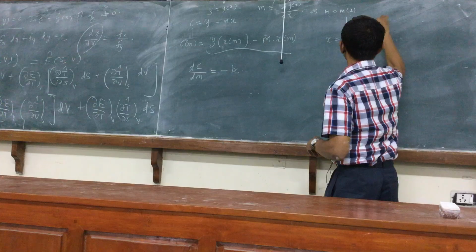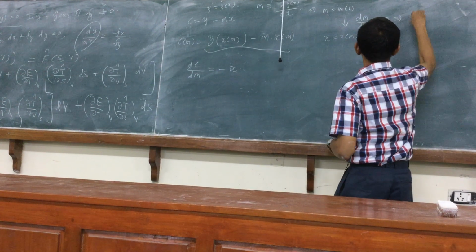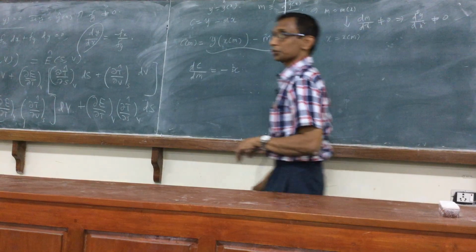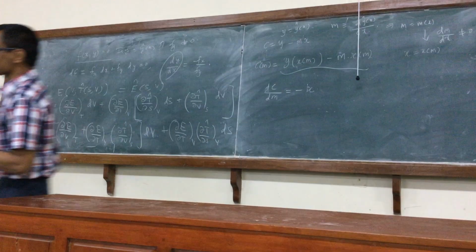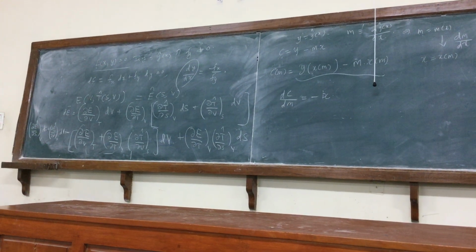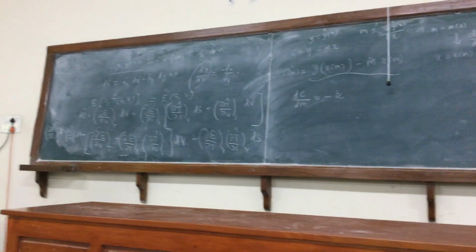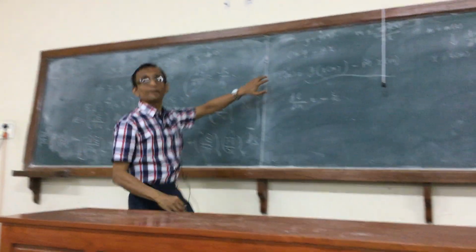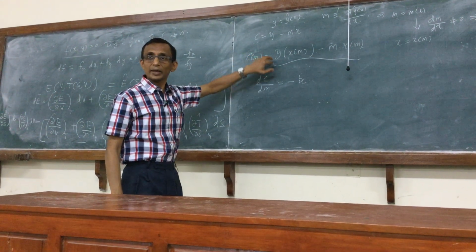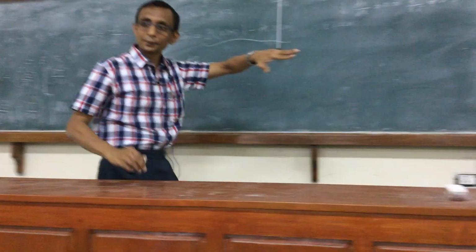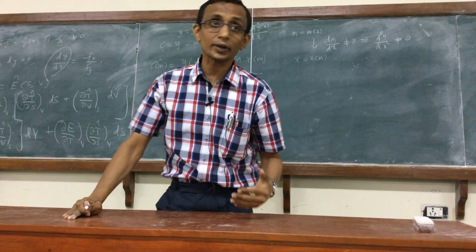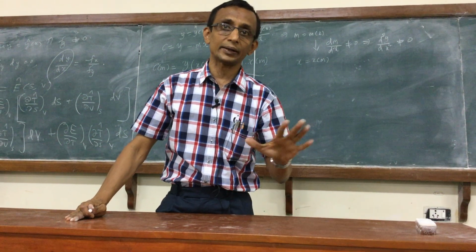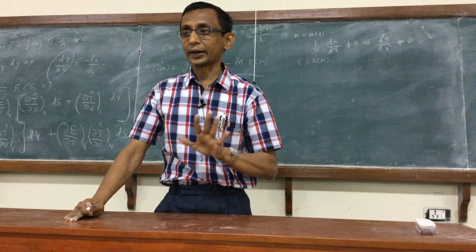Dm by dx must not vanish, which effectively means the second derivative of y with respect to x should not vanish. That condition becomes very clear because I have given only y as a function of x and directly m as a function of x, but to carry out this derivative, I need c as a function of m, which means x has to be expressed as a function of m, and I know that that's not always possible. So I write down at least that if this condition is satisfied, then I can do this.